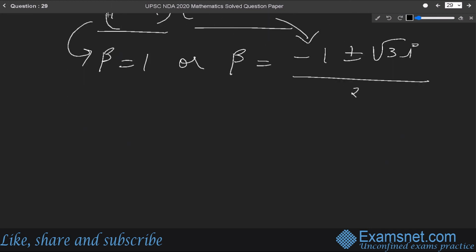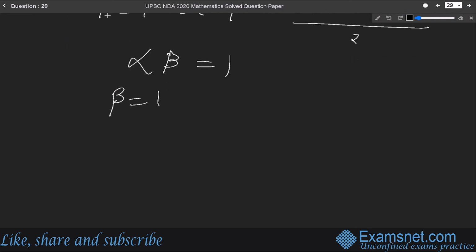Again we know that alpha into beta is equal to 1. Then when beta is 1, alpha will be 1 upon beta, which means 1.